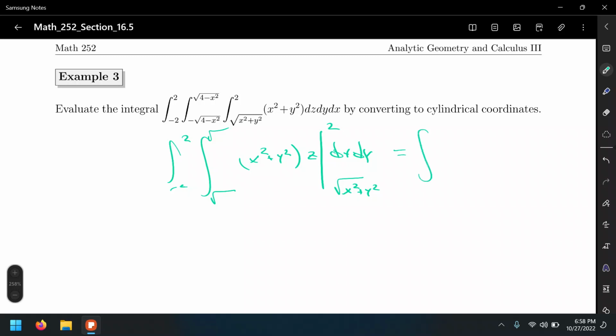I'm just going to write the function: x squared plus y squared times 2 minus the square root of x squared plus y squared.